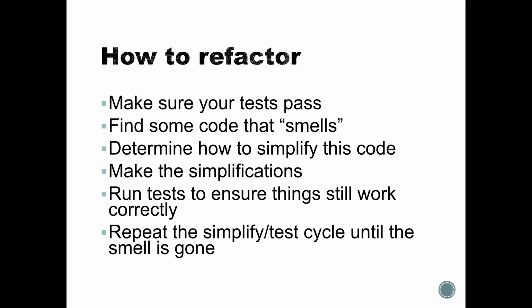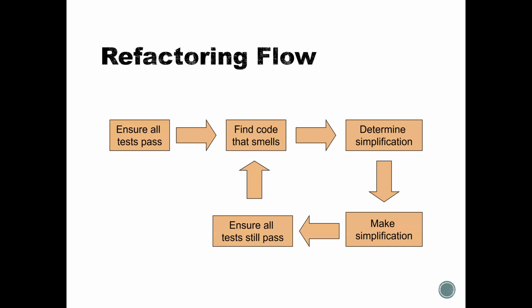Now we need to determine how to simplify this code. We are going to use some simplification process to perform the refactor. Then again, we are going to test, and ensure things still work once the changes have been done. And we are going to repeat the simplify-and-test cycle until the smell is gone from the software. It means it is now readable, maintainable, and less prone to bugs.